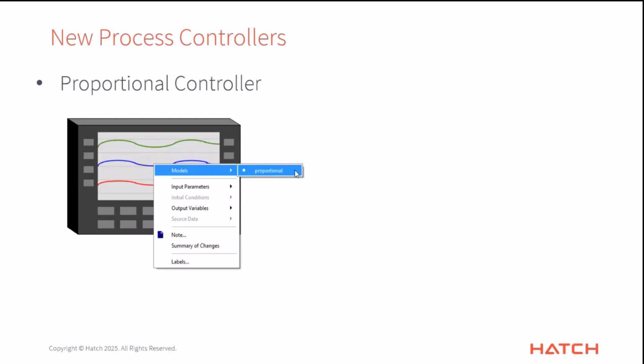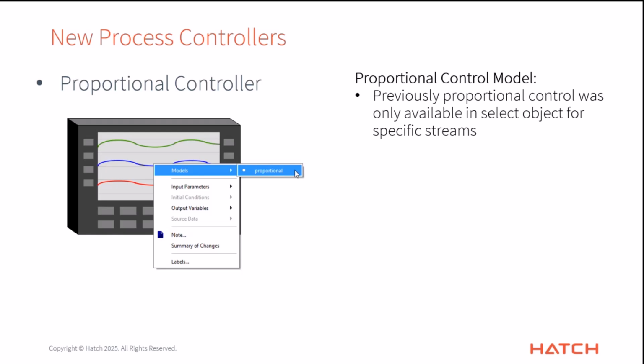So this is what the proportional controller object looks like in GPSX. And we only have one model available for this, our proportional model. What this model's for is to create that proportional functionality, where this was something that was already available in GPSX, but only in very select applications. Some of you may be familiar with the proportional options that were available for pumping RAS, for example, in our secondary clarifier object.